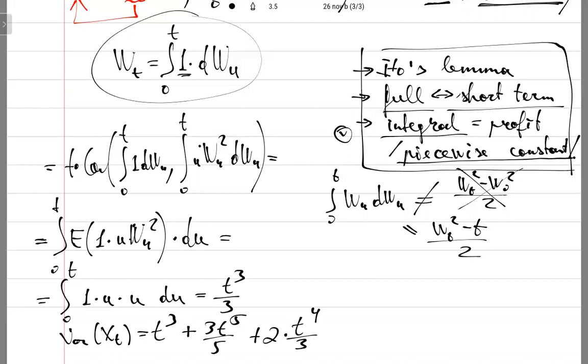I'm sorry, Professor, but haven't we forgotten the t in front of the covariance? Ah, yeah. Then it's t to the power of 4. Yeah, you're right.